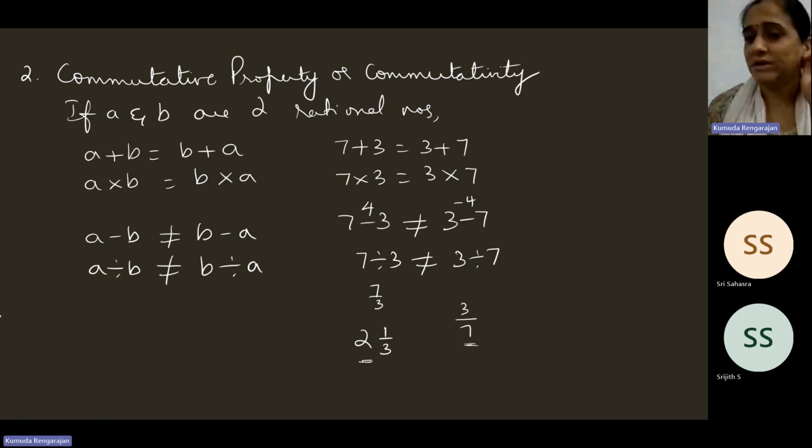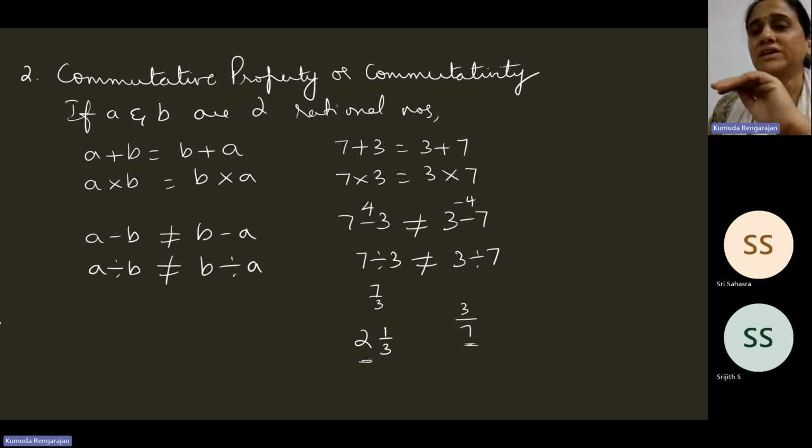So commutative property or commutativity: if A and B are two rational numbers, A plus B is equal to B plus A. That means the commutative property holds good for addition. And A into B is equal to B into A. That means it holds good for multiplication of rational numbers.